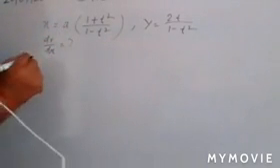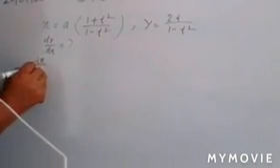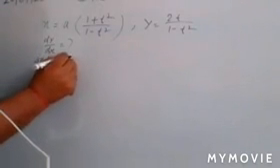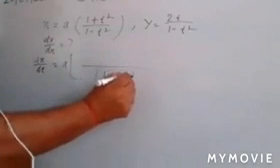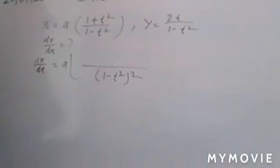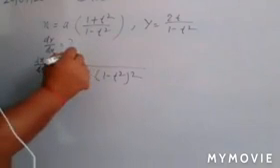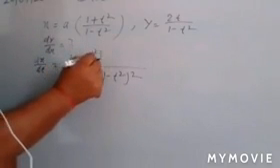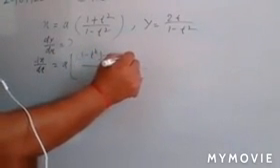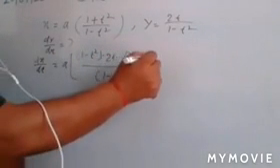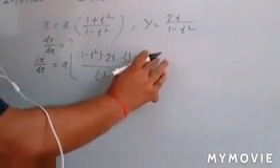Okay. So try it. So dx by dt is equal to a into, here you apply the quotient rule, so write 1 minus t square whole square, and yes, denominator 1 minus t square into 2t minus 1 plus t square into minus 2t. Okay.